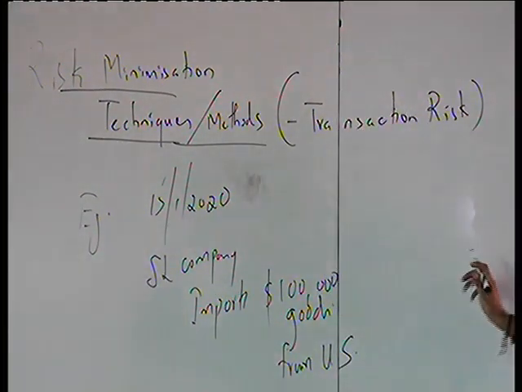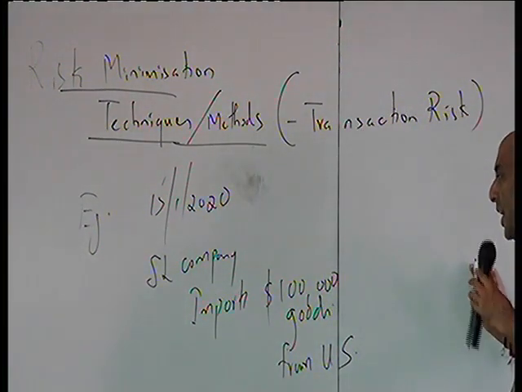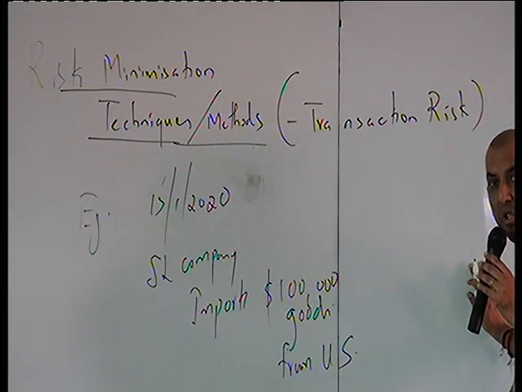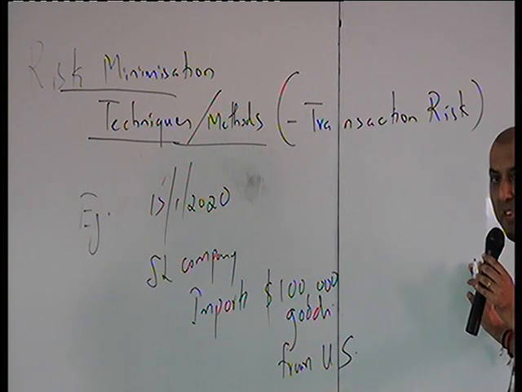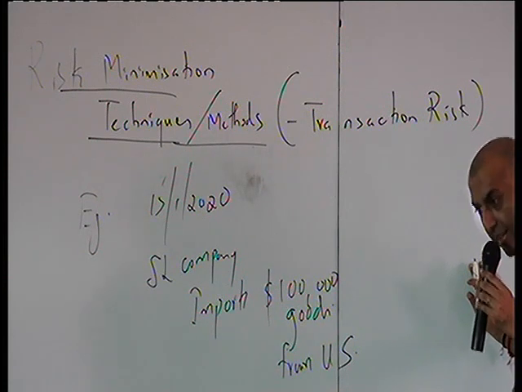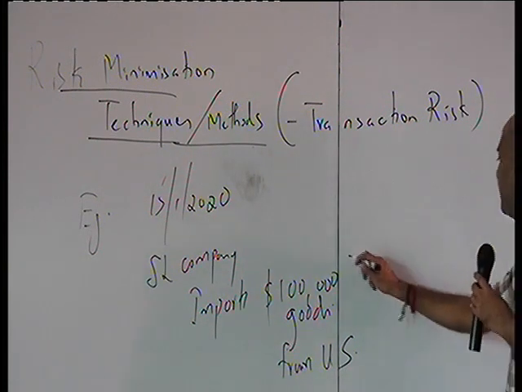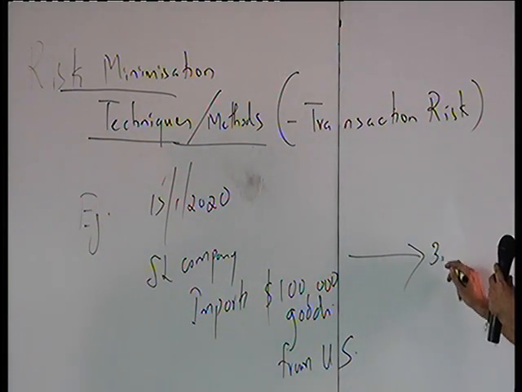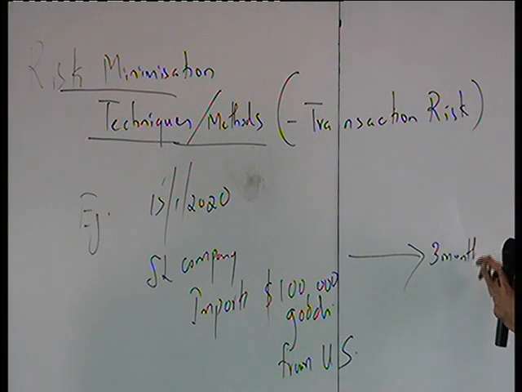Sri Lankan company imports $100,000 goods from US on 15th of January 2020. Settlement date 3 months later. When is the settlement date? 15th of April 2020.